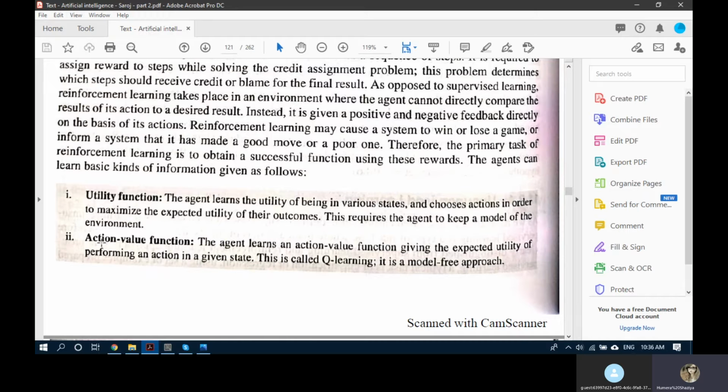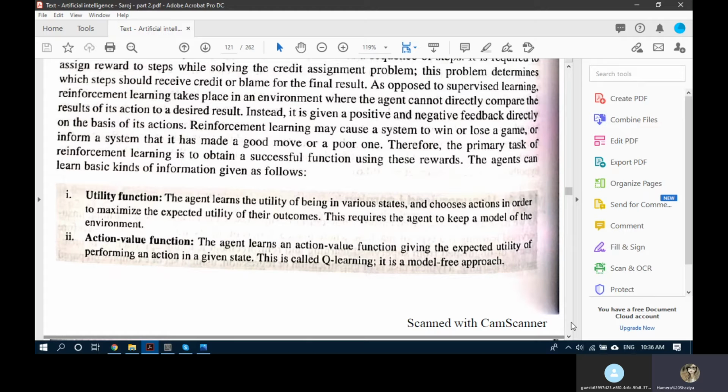If the action is good, the value is high. If the action is poor, the value is low. That is how the reward is generated. So the agent knows both things, and the agent performs the task.